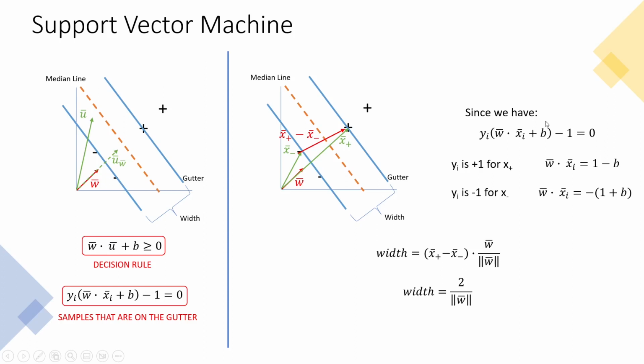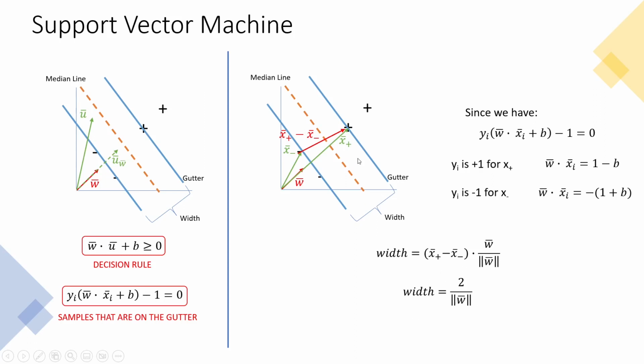Okay, so now we have this equation, okay, for the samples that are on the gutter, and yi is plus 1 for positive samples, which means we have this guy. W dot product xi is equal to 1 minus b, okay, and since yi is minus 1 for negative samples, we have this guy over here as this equation, okay, which means this expression over here, the width we calculated in the previous slide, becomes this one.